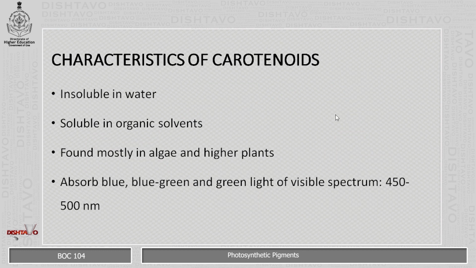Characteristics of carotenoids: carotenoids are insoluble in water. They are soluble in organic solvents. They are mostly found in algae and in higher plants, and they absorb blue, blue-green and green light of the visible spectrum from 450 to 500 nanometers.